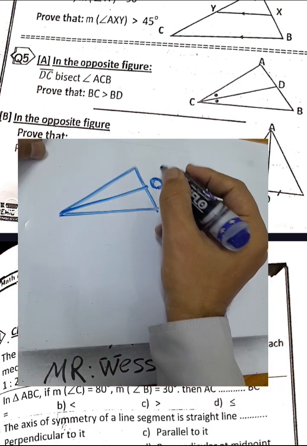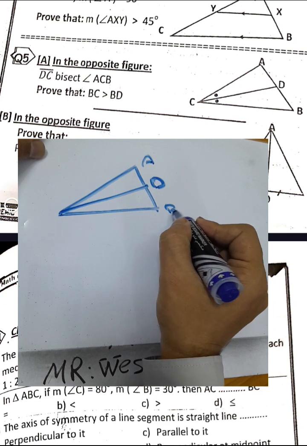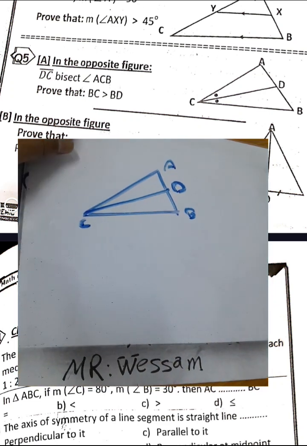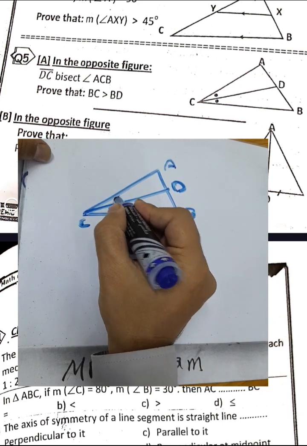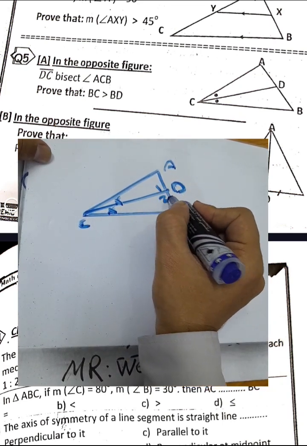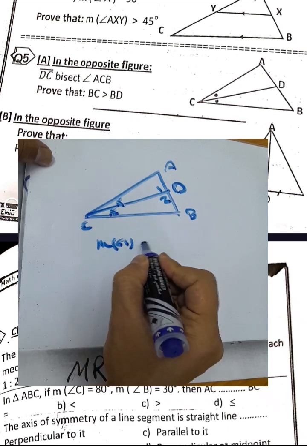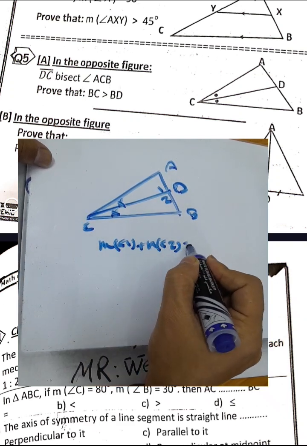We have examples here. Triangle. Put here X and X, and here 1 and 2. We know measure of angle 1 plus measure of angle 2 equal 180.